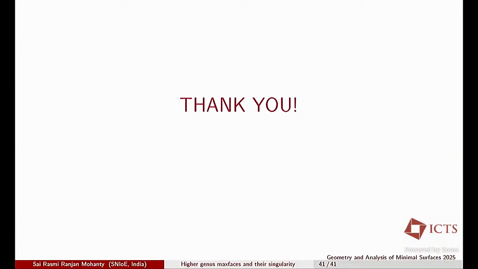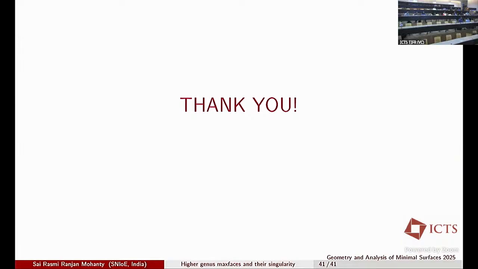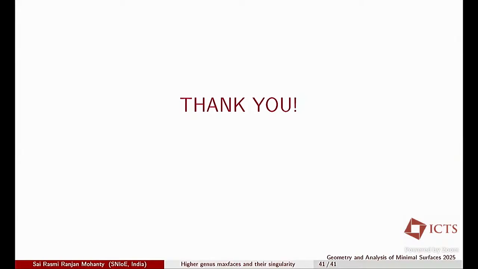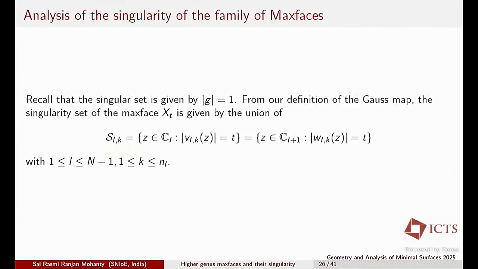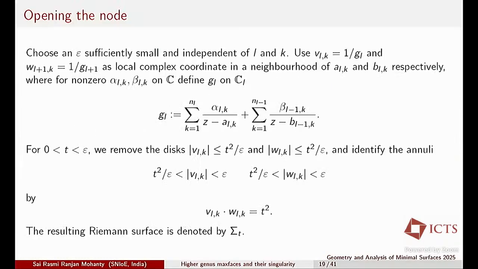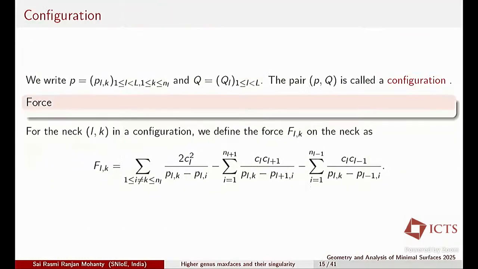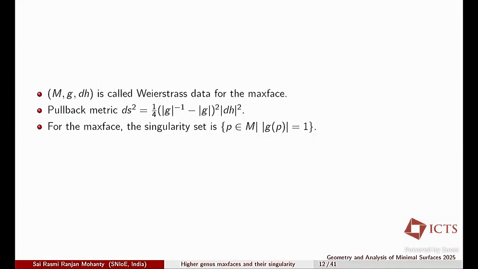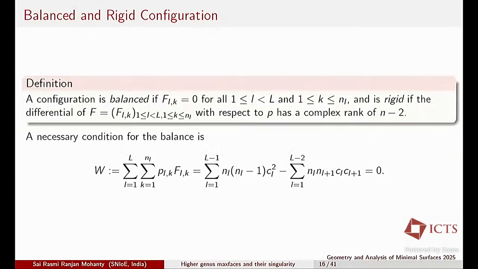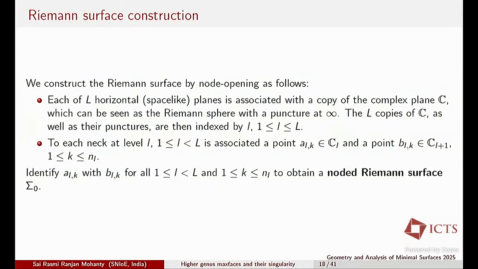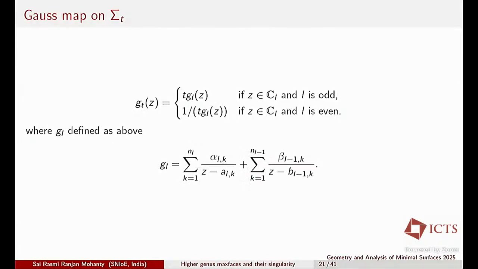I have one question from online. Yes, so the G you took in a particular fashion, right? The form of G. Can you change that, or is there a reason you took it of that form, for the Gauss map?